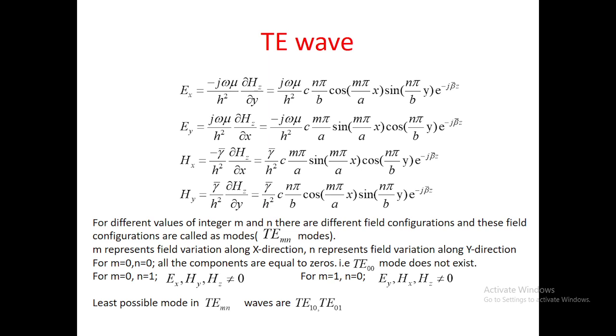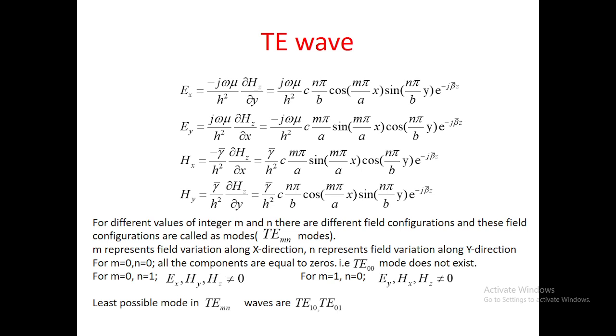Here also, for different values of integers m, n, different field configurations are possible, and these are called modes. The general mode is TEmn mode. Suppose m equal to 0, n equal to 0, all the field components are zero, so TE00 mode does not exist inside a rectangular waveguide.